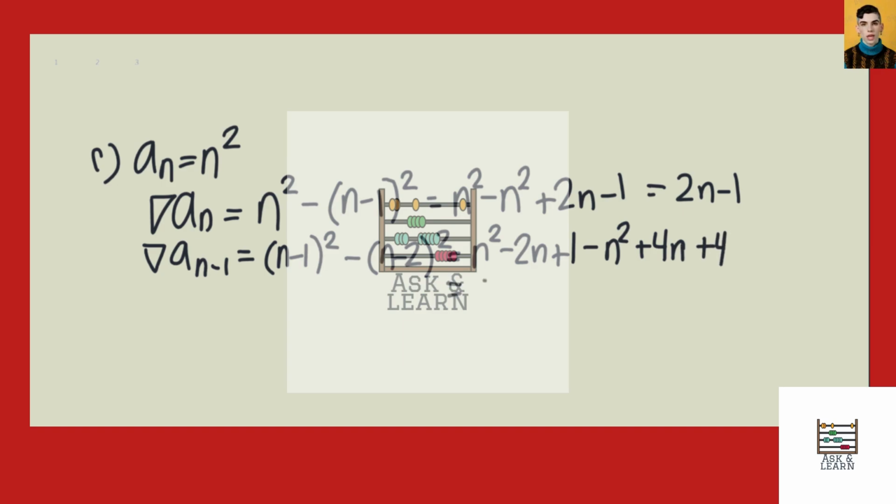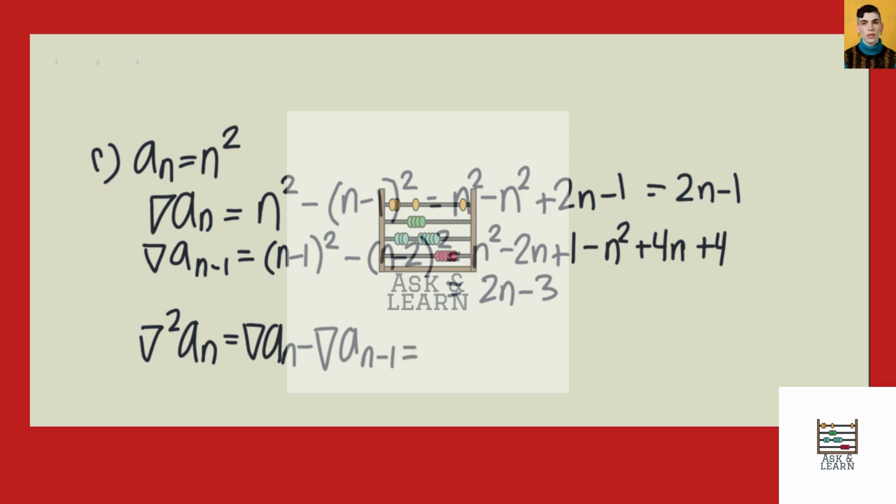Okay, which gives us 2n minus 3. So then we'll put those values in as we find the second difference here, which of course is the first difference of an minus the first difference of an minus 1.